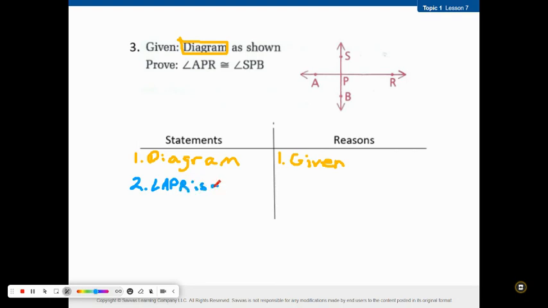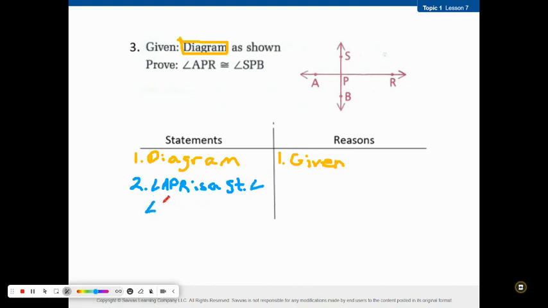Is it acute? Is it obtuse? Is it right? Yeah, straight angle. I'm just going to abbreviate with ST, but you should write the word straight, okay?